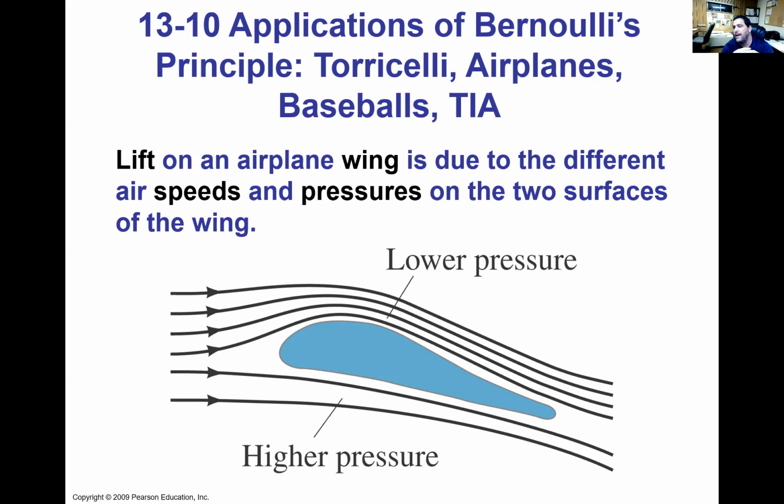In racing, in Formula One, those cars have wings, but they're turned the exact opposite of these wings. So instead of creating lift, they're creating downforce, pushing the car into the ground so that the car can go faster around a turn because it's being pushed down as it goes.